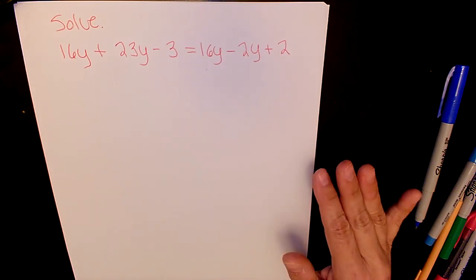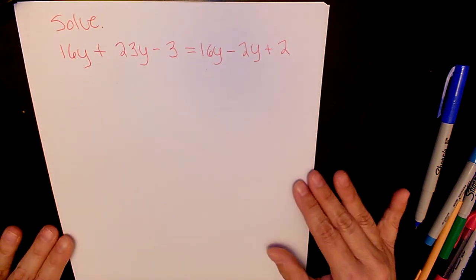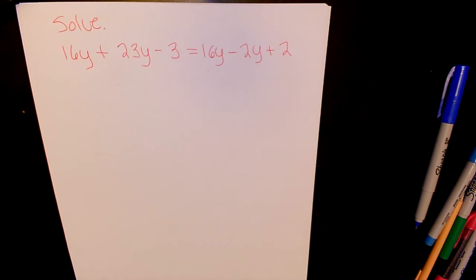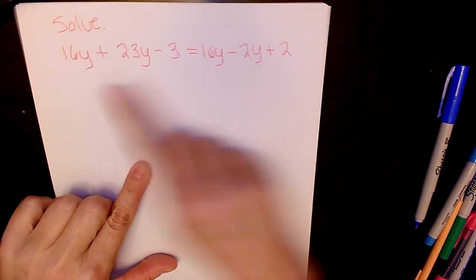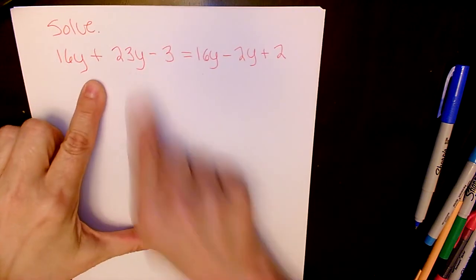And hopefully this won't be too bad. So I've got 16y plus 23y minus 3 equals 16y minus 2y plus 2. And let's see, I can do a step 1 here because I've got like terms.